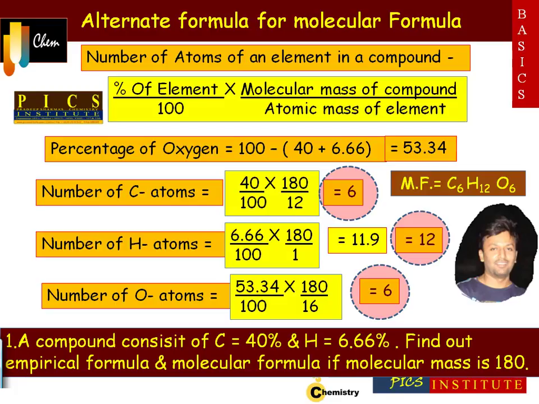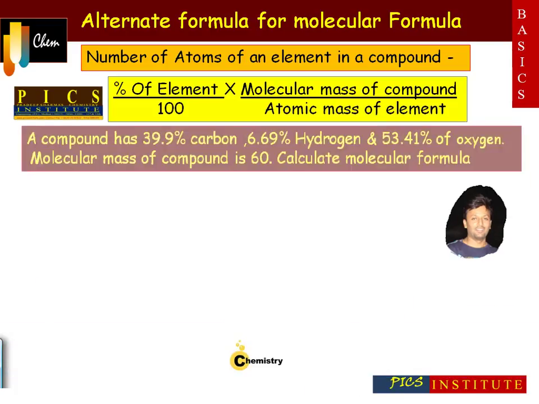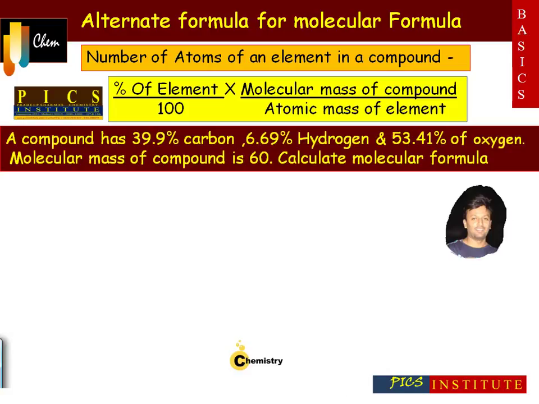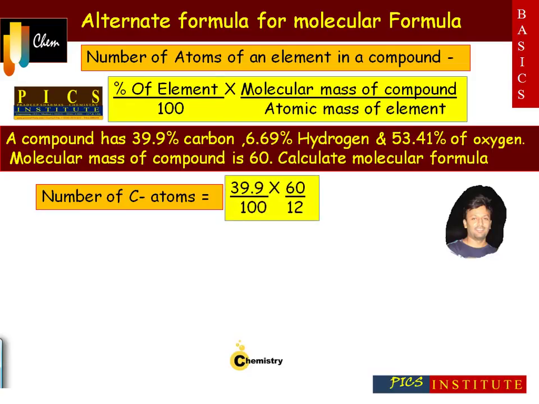You can solve another example. In this, we have the percentage of carbon, percentage of hydrogen and percentage of oxygen along with molecular mass 60. We need to calculate molecular formula. Now it will be very easy for you. Number of carbon atoms: as you can see, the percentage of carbon is 39.9, atomic mass 12, molecular mass 60.